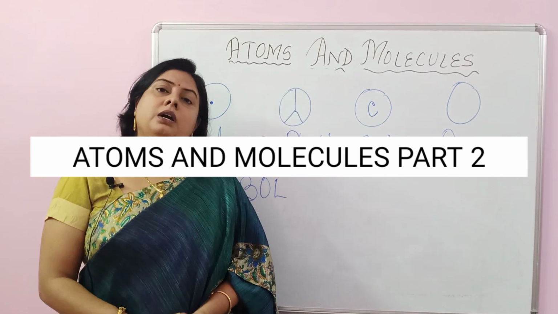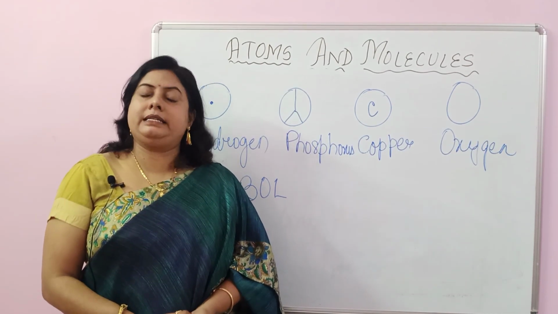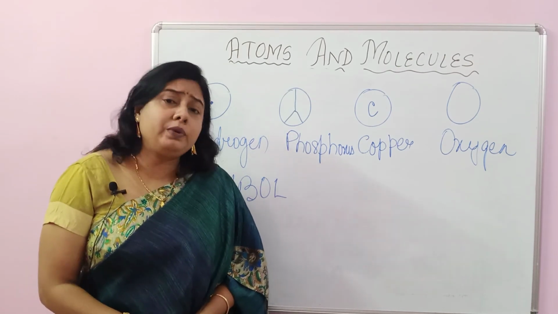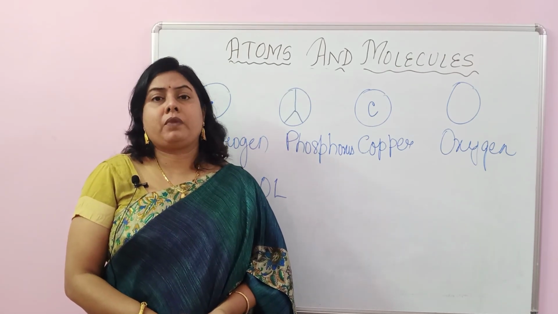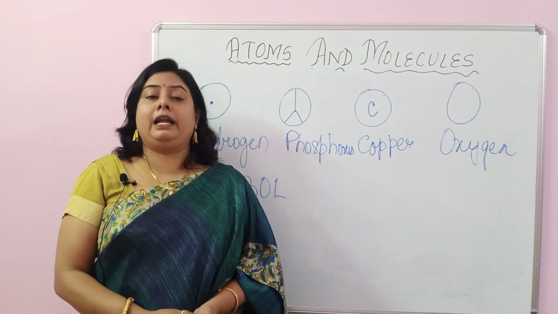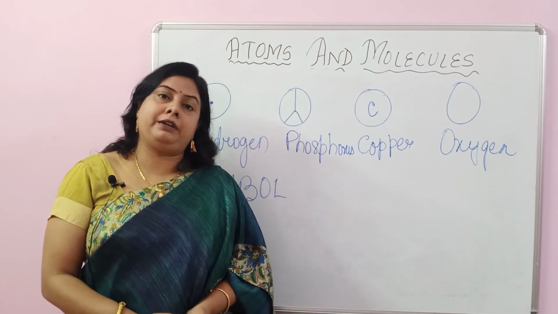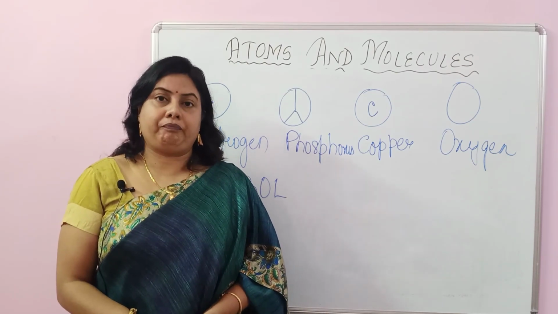Yes, students. Now let us see atoms in a bit more detail. So how do we define atoms? Atoms are the smallest particle of an element which may or may not have independent existence.